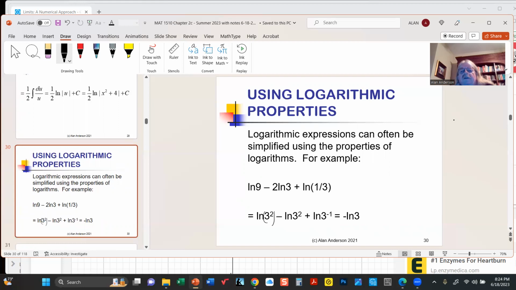Now, remember, the rule here is true for any log, it doesn't have to be the natural log. So that means that since we have that here, what we have here is log 3 to the 2nd power. And then here, this is just log 3 to the minus 1.